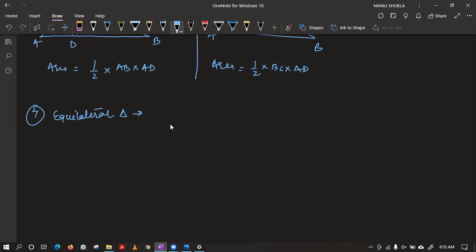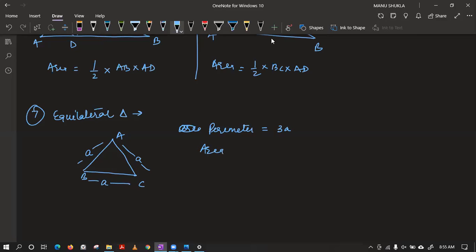In equilateral triangle, all sides are equal and all angles are 60 degrees. We have seen A, B, C, all sides are same. Now the perimeter is the same, 3A, sum of all sides, and the area is given by, class, anyone knows the formula of area of an equilateral triangle?